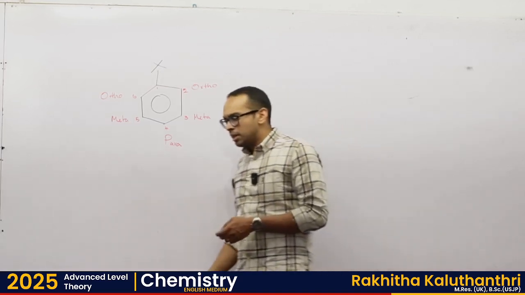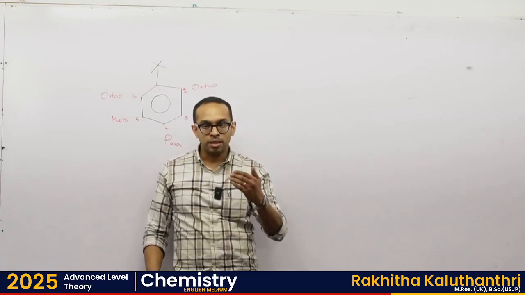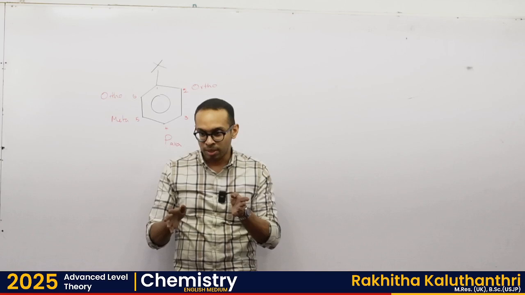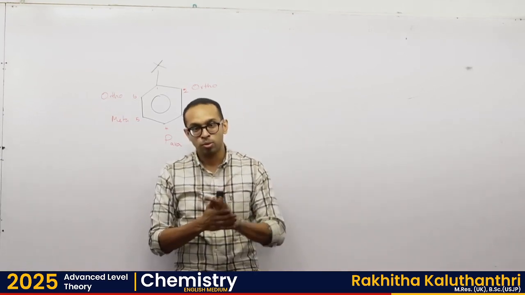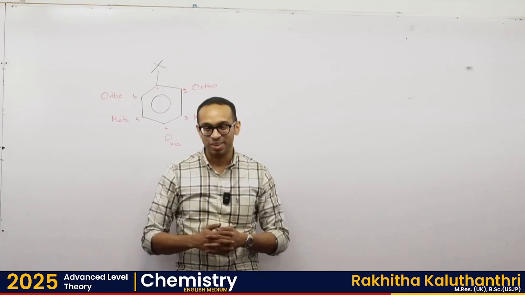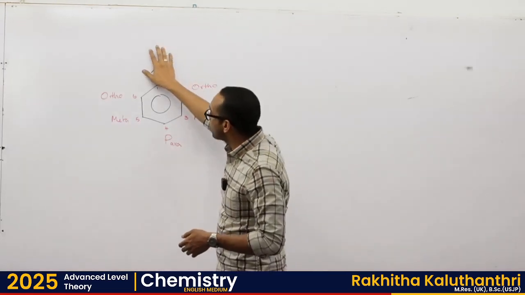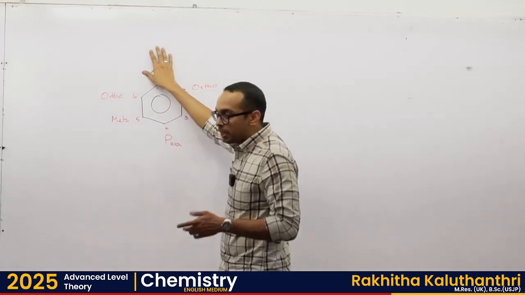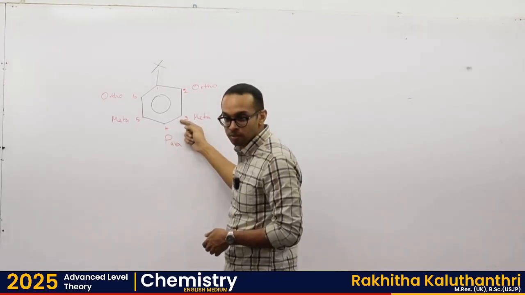Now you have seen, in different functions, when guests enter, there is some guy who's directing them, saying, you go to the first row, you go to the second row, you don't come in, right? Similarly, we have groups here which will say, okay, go connect to the meta positions.